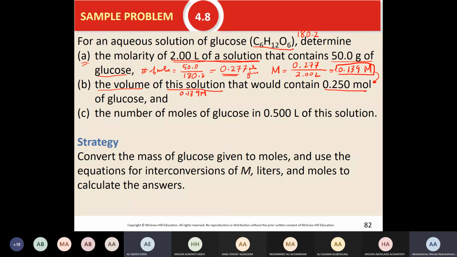What are you going to do? Divide the mole number over the molarity. Molarity equal to what? Moles over volume, liter. Okay. What's required in this question? The volume.